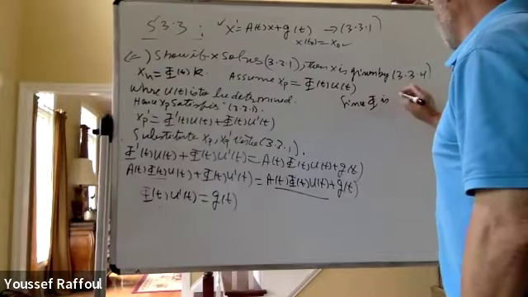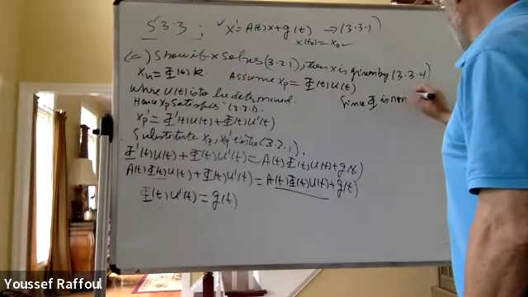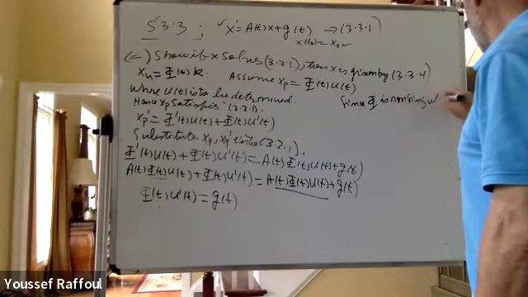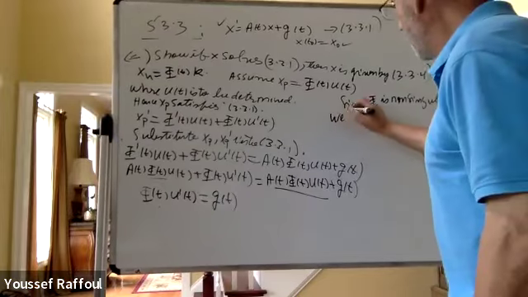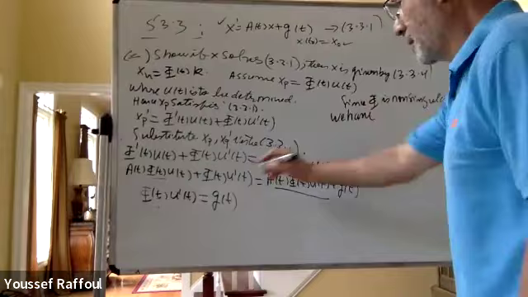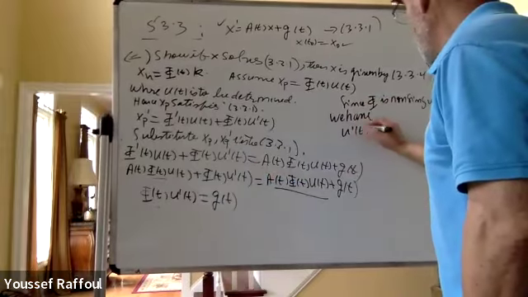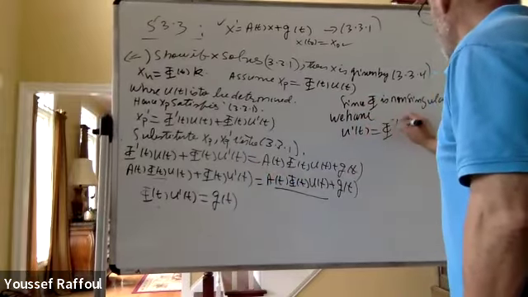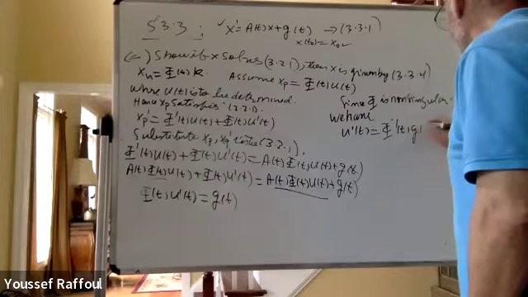Since phi is non-singular, we have u prime of t equal phi inverse of t, g of t.